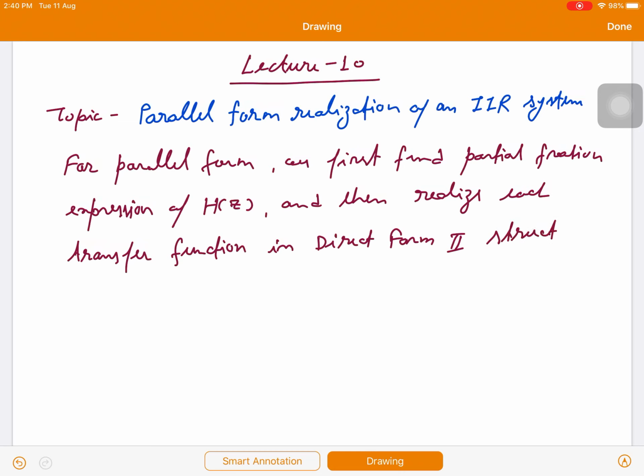So in this parallel form also we are using the direct form 2.